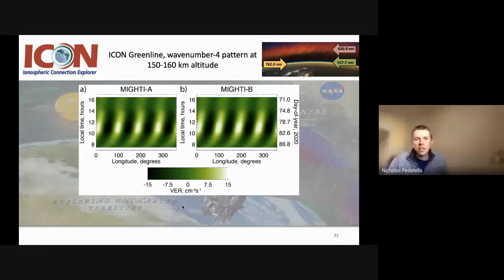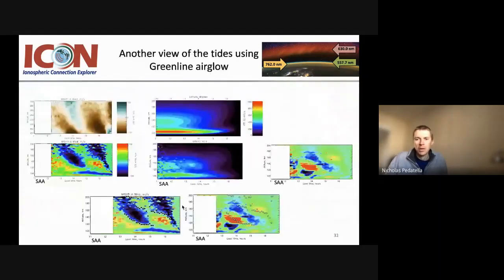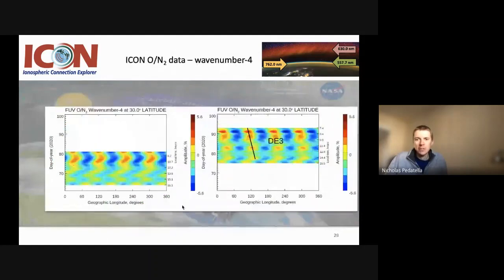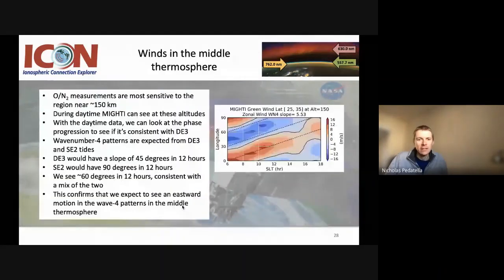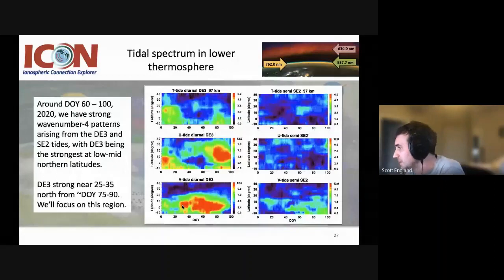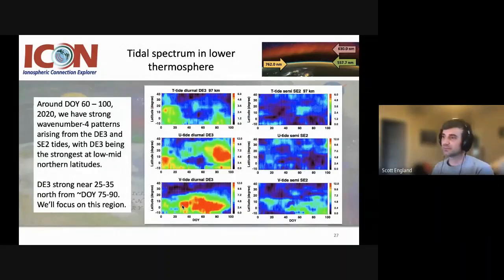So Scott, there was another question from Han Lee. He asked that it seems the meridional component of DE3 is comparable with the zonal wind component, but they have a different seasonal dependence. How do you interpret that? There are different modes of DE3, right?